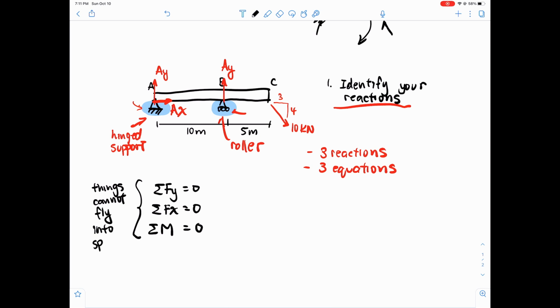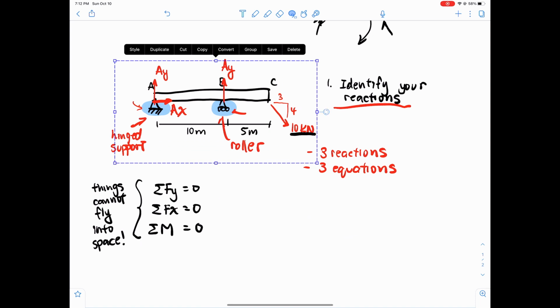Let me just make a quick note for you guys. First thing we want to do is look at this applied force right here, and break it down into horizontal and vertical force. So in this case, why don't I just start a new page while I'm at it?